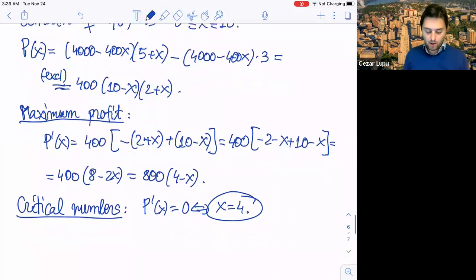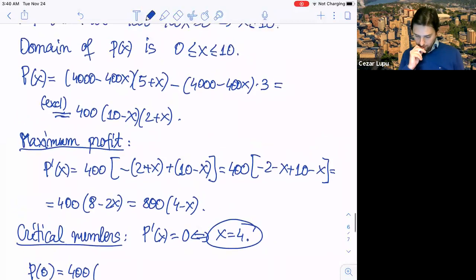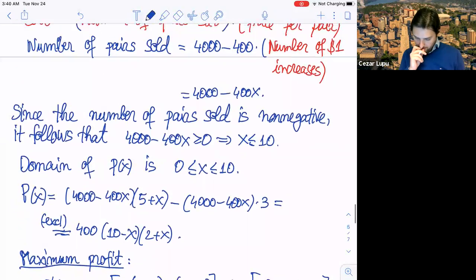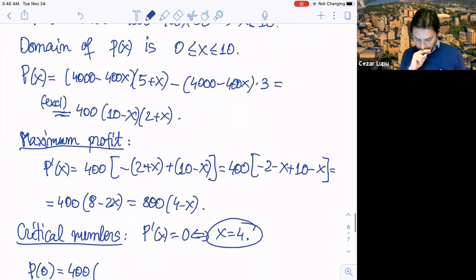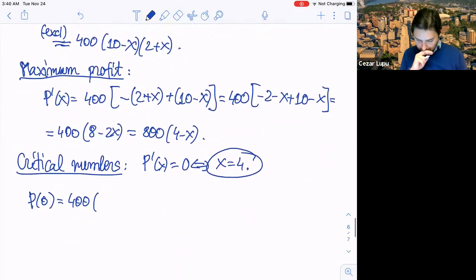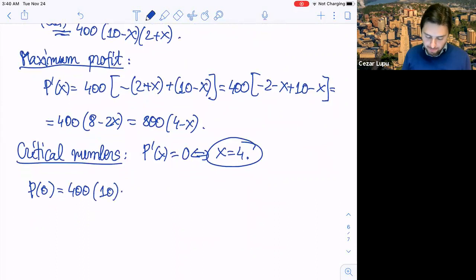So we're going to evaluate p of 0, which will be 400 times 10 times 2, which is 8,000. Now we evaluate p of 10, which will give us 0.